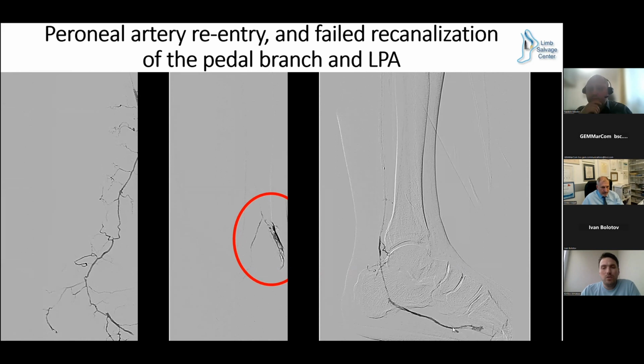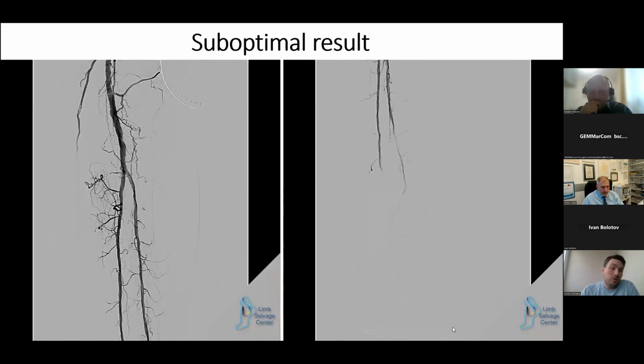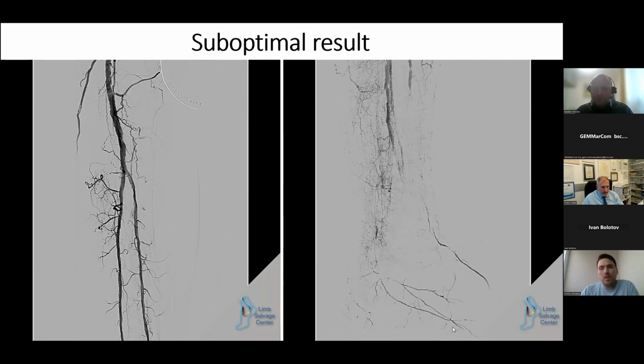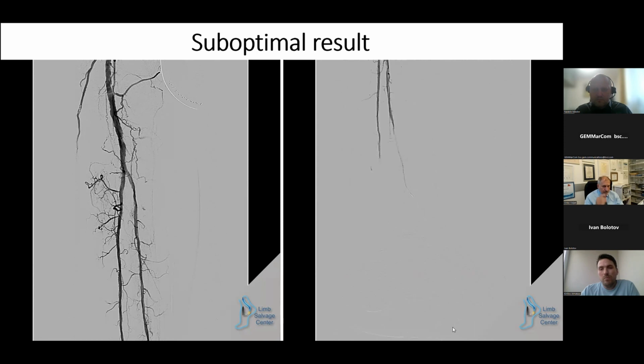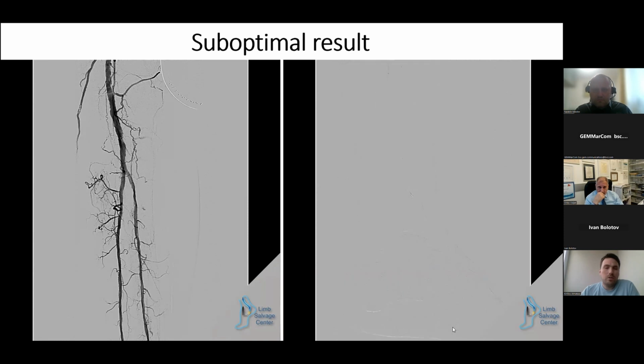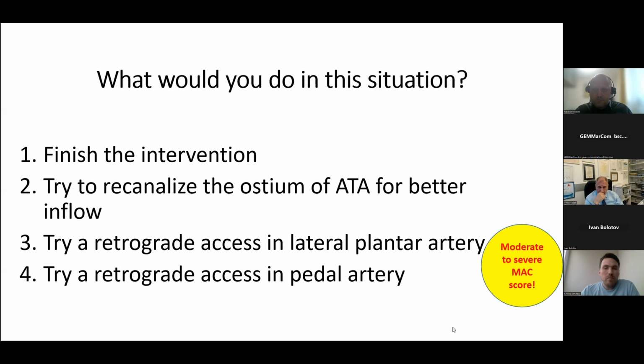Unfortunately, I made a control angio: good flow in the proximal part of the tibial artery and distally a suboptimal result. Surely better than it was, but not enough for wound healing. So I want to ask you, what would you do in this situation?